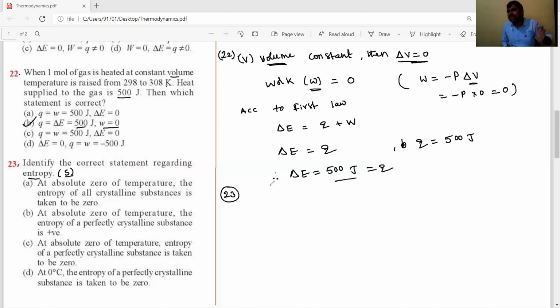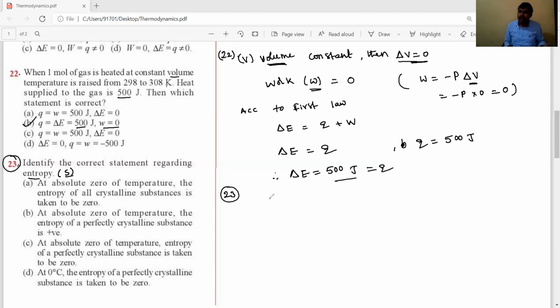In all naturally occurring or spontaneous processes, entropy increases. The entropy of the universe always increases, because the naturally occurring processes all exist in the universe only. Then the entropy of the universe is always positive. So regarding these statements, we need to identify which statement is correct.